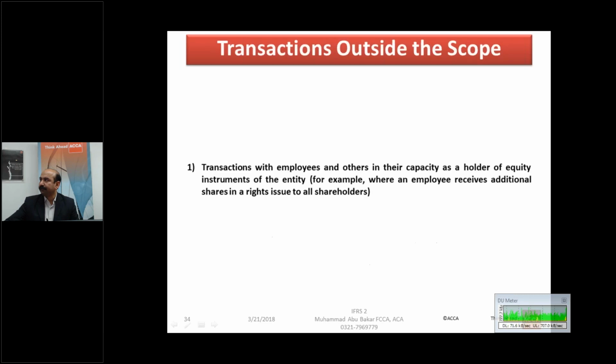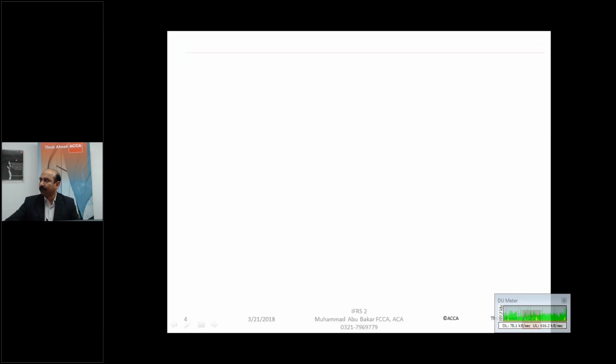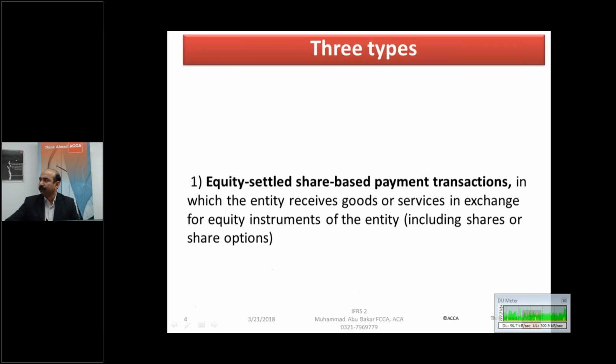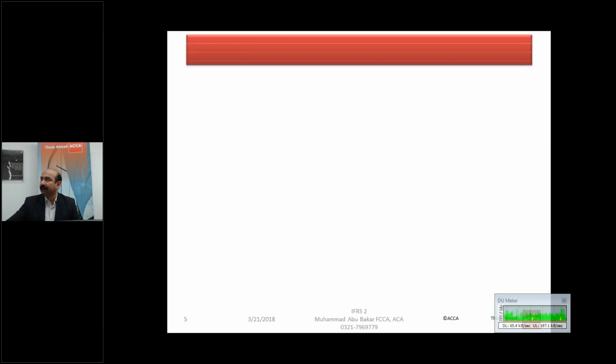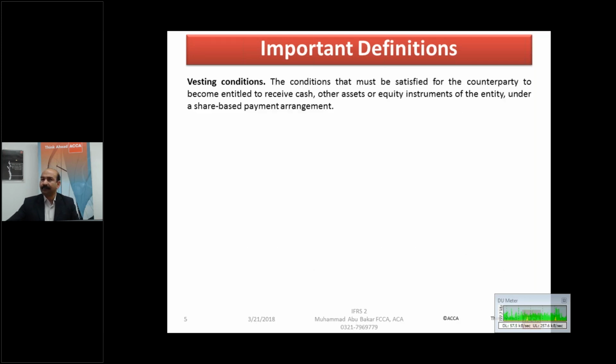Okay, first of all, before discussing these three types of payments one by one, let's have a quick look at the important definitions. The first definition is vesting conditions, because these definitions will be used in our discussion.